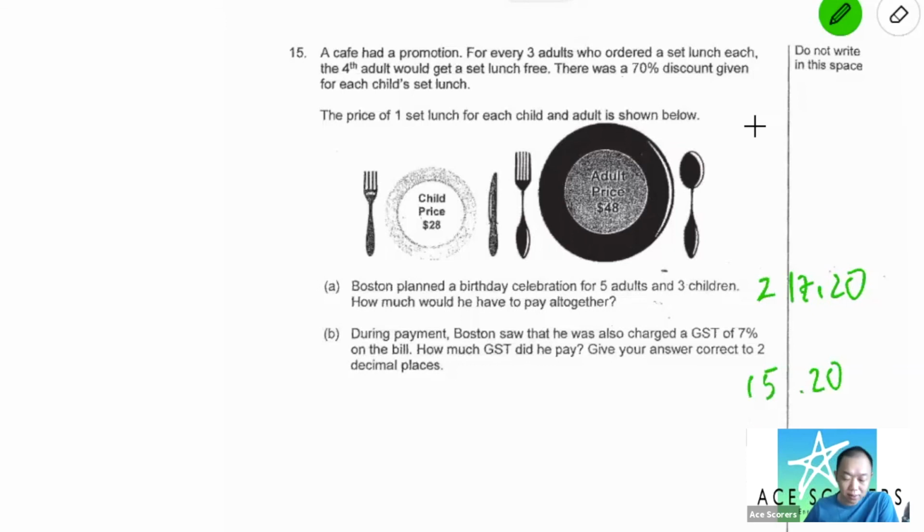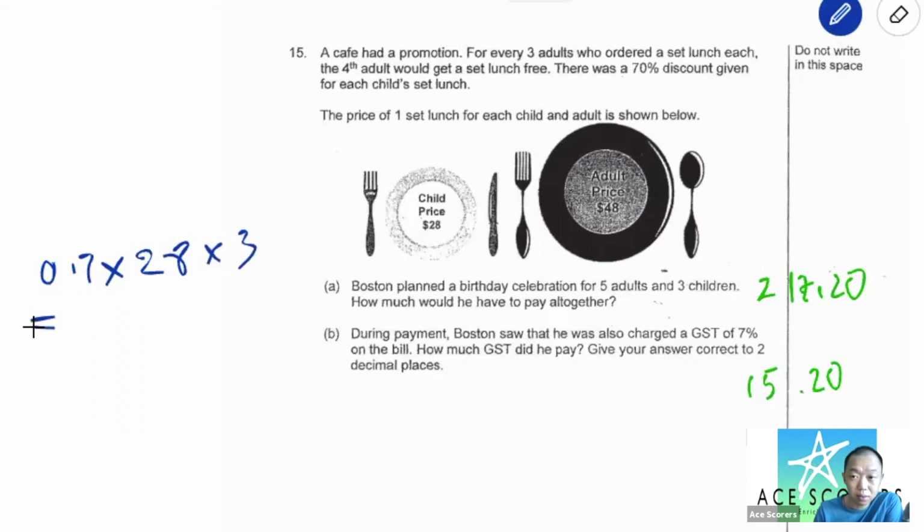So 5 adults, 3 children. A child's set is $28, right? There was a 70% discount for each child. So for 3 children, we take 0.7 times $28 first to find the cost for the child, then times 3.